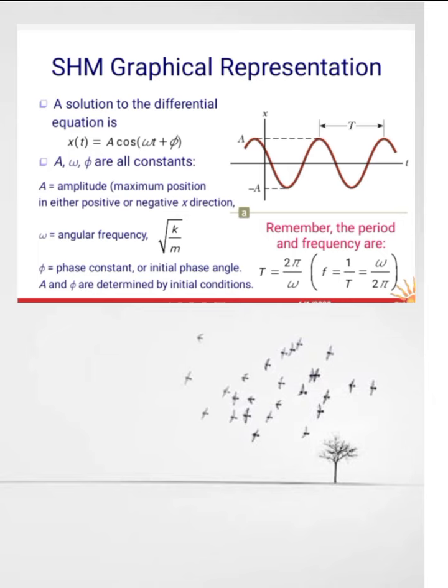A and psi are determined by initial conditions. Remember the period and frequency: T equals 2π over ω, or f equals 1 over T equals ω over 2π.